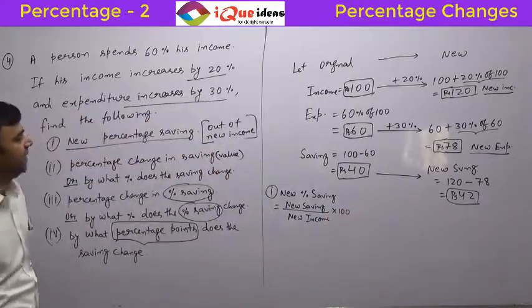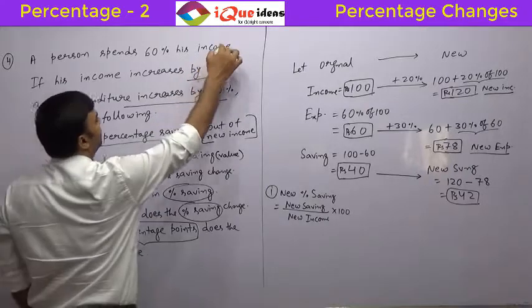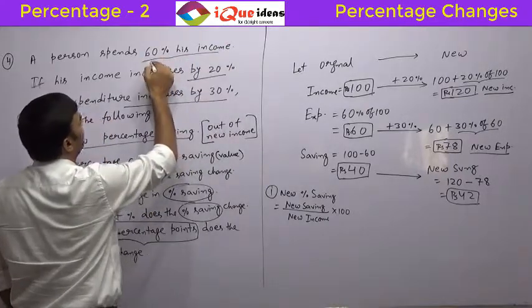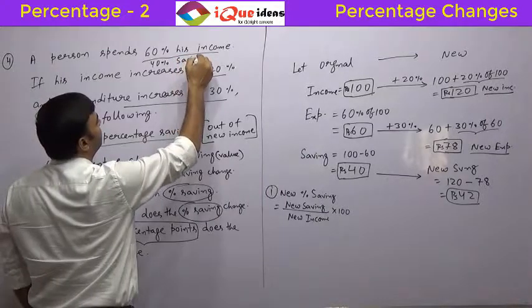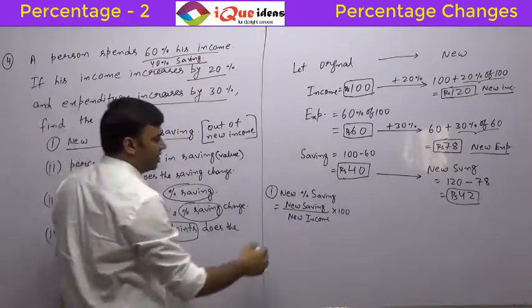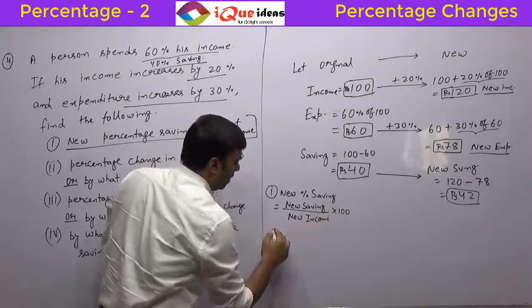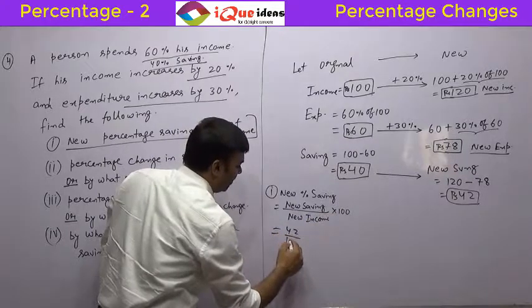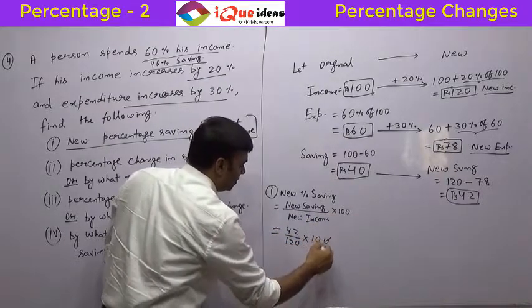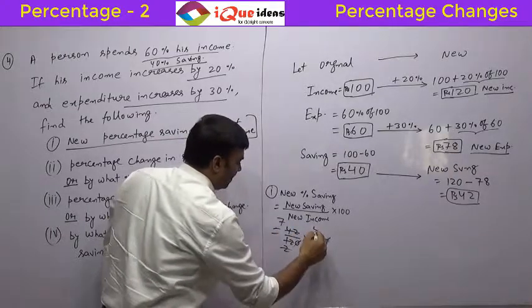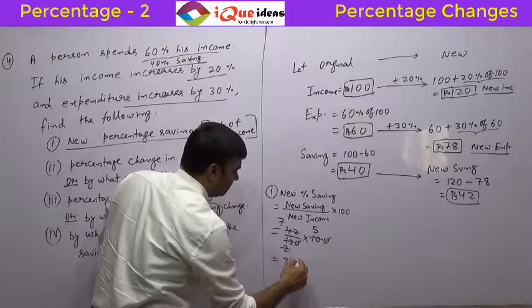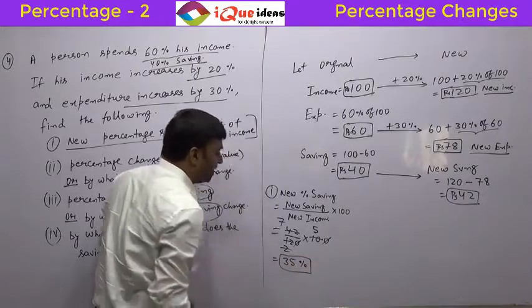Please understand that the way we had 40% saving initially, 60% expenditure, so 40% saving. The same way we are asking what is the saving percentage in the end. So it is new saving upon new income into 100. So it is 42 divided by 120 into 100. 0 and 0 cancel. 6 2s are 12, 6 7s are 42. 2 cancels 10, 5 times. So the answer is 35%. So the new percentage saving is 35%.